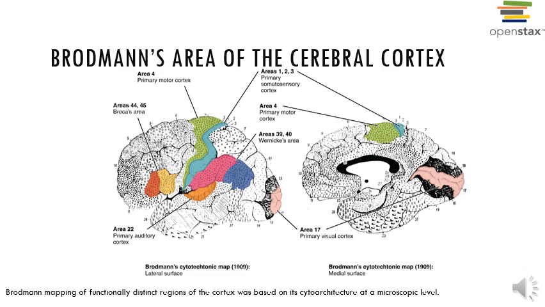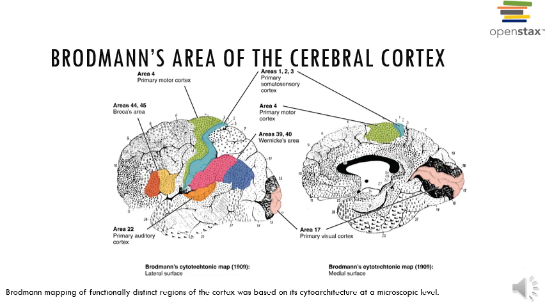Now, he didn't specifically connect these with specific functions, but as the years went by, neurologists studied the brain in terms of where functions were located in the cerebral cortex, and they found that these areas identified by Brodmann, nowadays known as Brodmann's areas, corresponded quite well with many of the functions of the cerebral cortex.